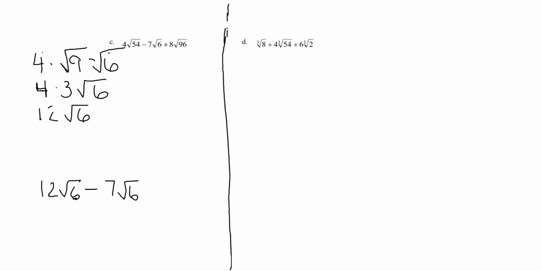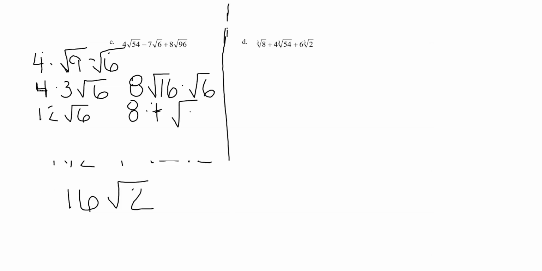And then 8 square root 96. 96 is the same as 16 times 6. So I can break it down to 8 square root 16 times the square root of 6. The square root of 16 is 4. 8 times 4 will give me 32.